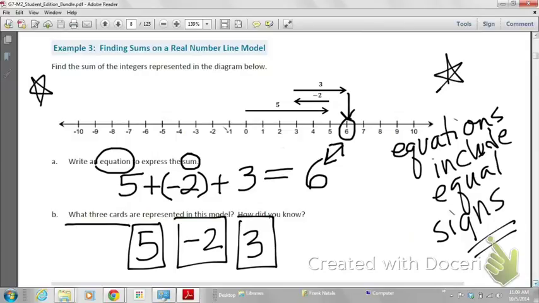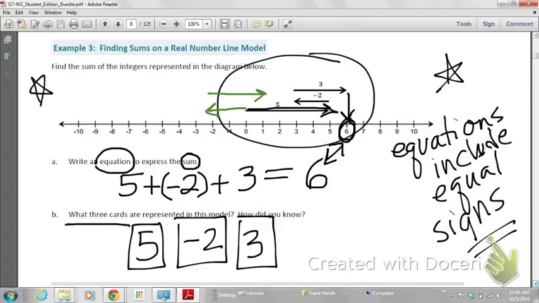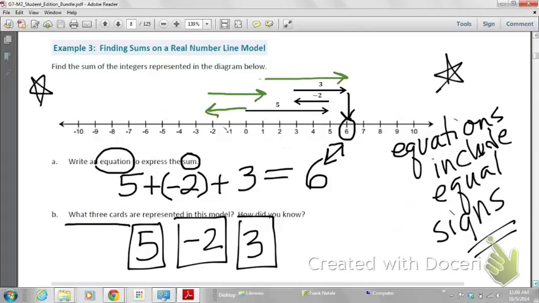We'll go -2, then positive 3, and then positive 5, and we end up in the same place.